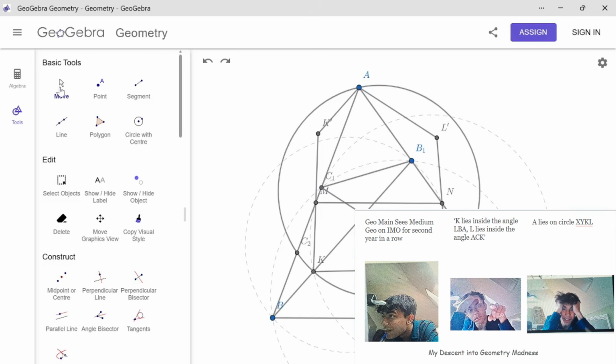That's not true. And these are sort of wrong conjectures we had because we didn't have a good diagram.